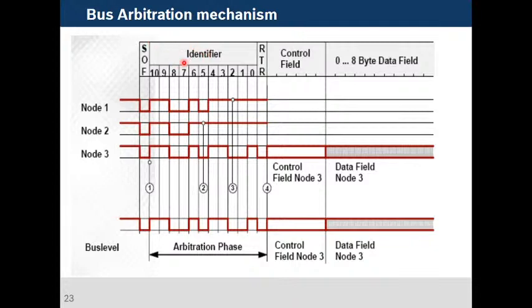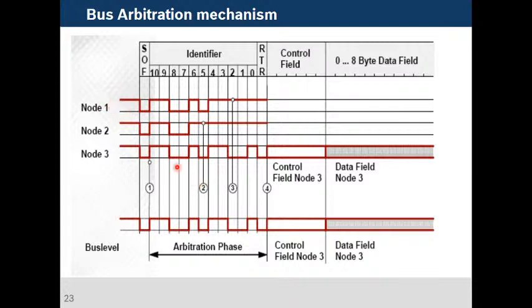The CAN identifier value should be low, then you will get higher priority on the CAN bus. For example, node 1 is assigned 0, node 2 is assigned 1, and node 3 is assigned 3, then node 1 will have the higher priority.